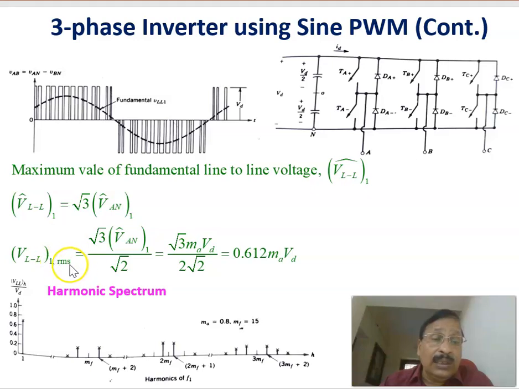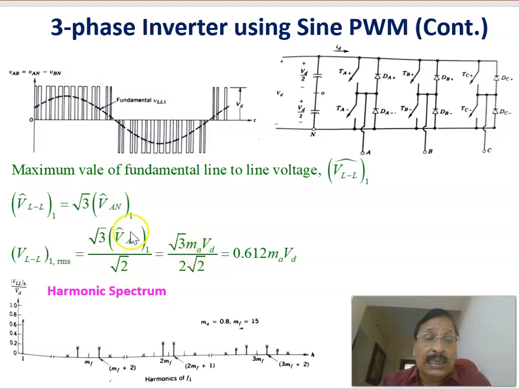Therefore, again coming to here, the RMS value of this one is equal to the maximum magnitude of this one divided by root 2. That is root 3 into the maximum magnitude of the fundamental phase voltage, divided by root 2.